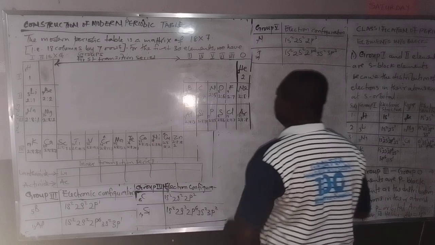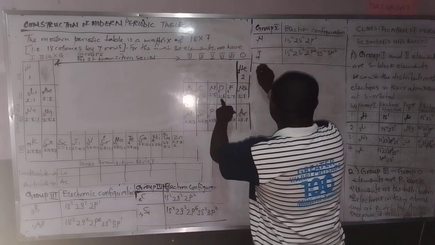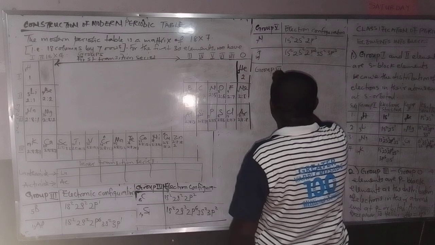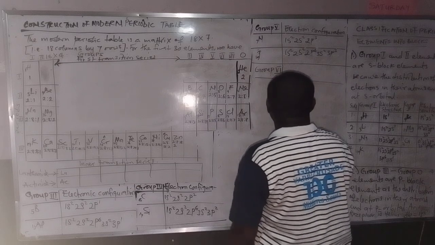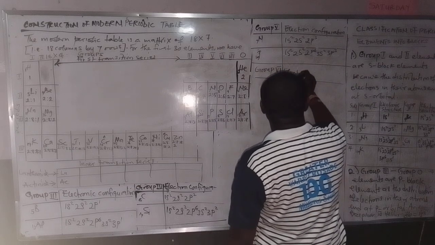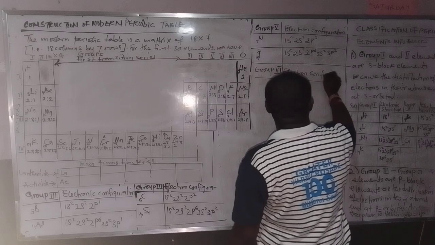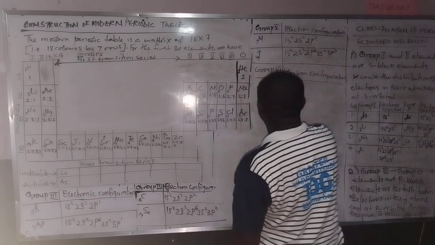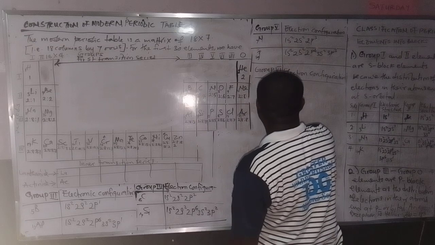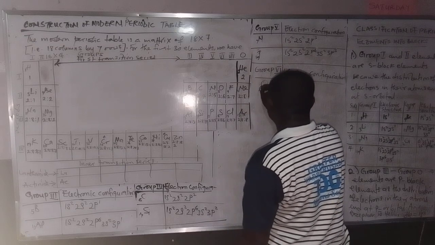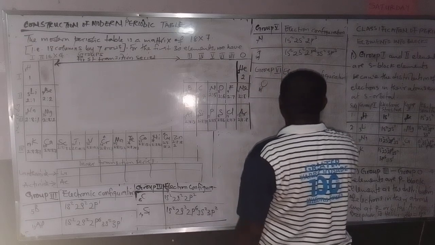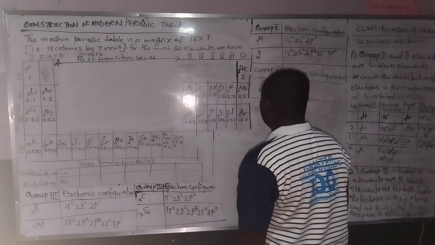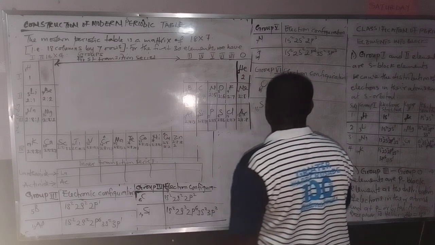So now, let's look at group 6 and the electron configuration. In group 6 now I have what? Oxygen 8 and sulfur 16.